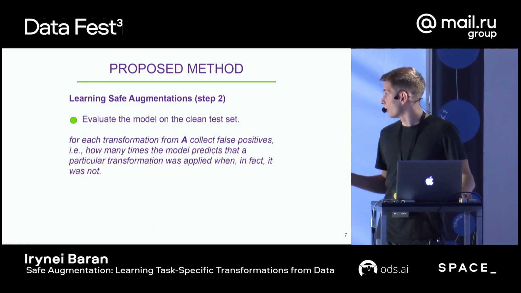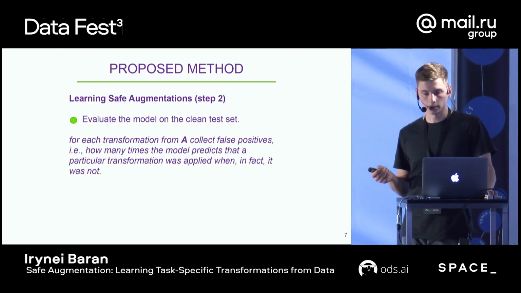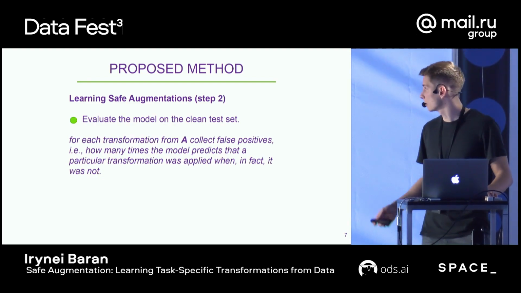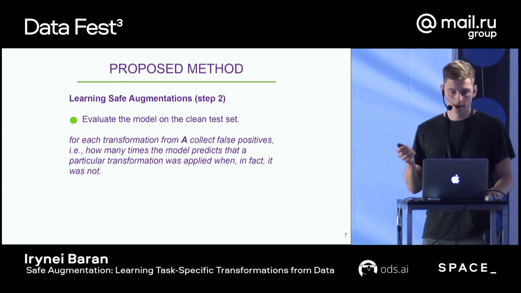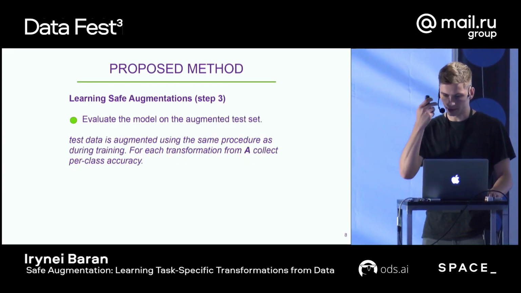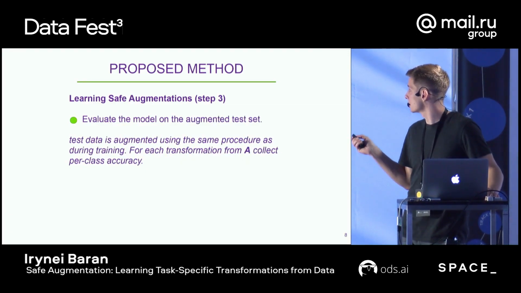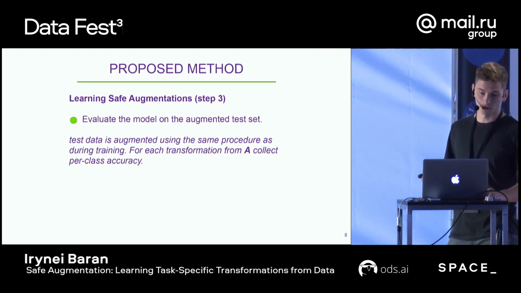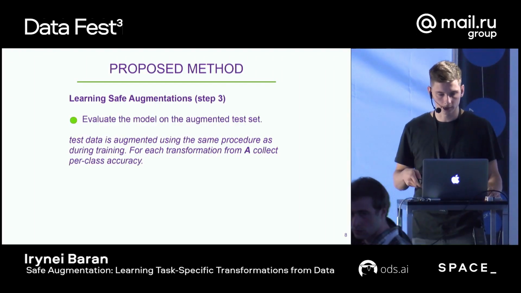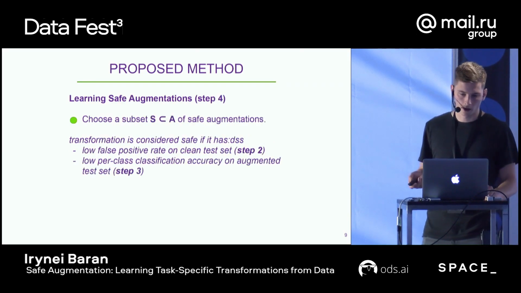Next step, after our model has been trained, we evaluate it on the clean test set and collect false positives for each data augmentation. Step 3 uses the same test set, but now it's augmented in the same way as during training, and we collect the per label accuracy. So for each data augmentation, we collect its accuracy.